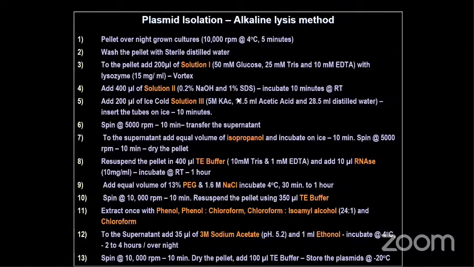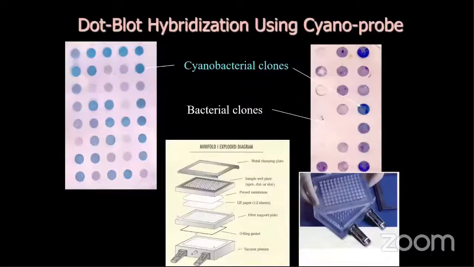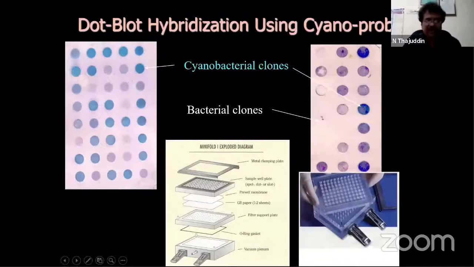As I said, initially we used the crude DNA extracts of the Azolla or Cycas plant, and we are using the universal prokaryotic 16S primers. So it amplifies the bacterial 16S rRNA and the cyanobacterial 16S rRNA from cyanobacteria.